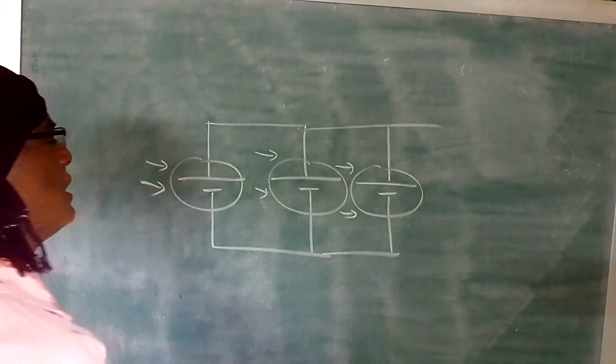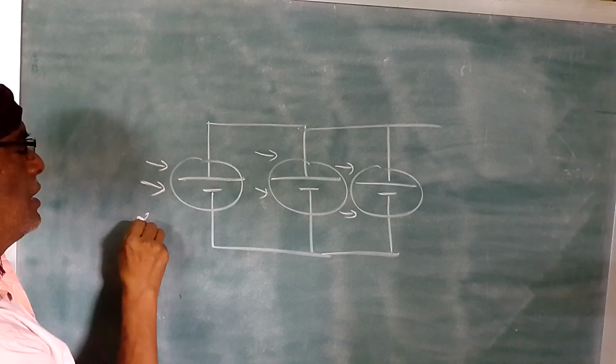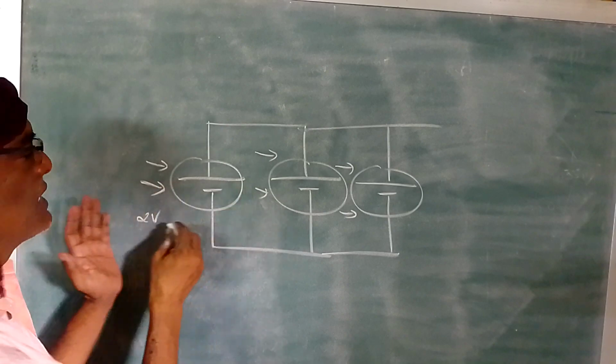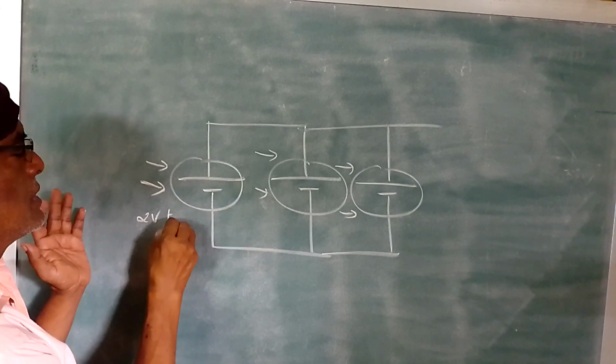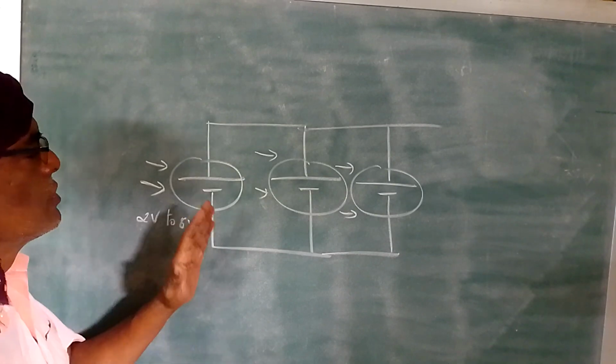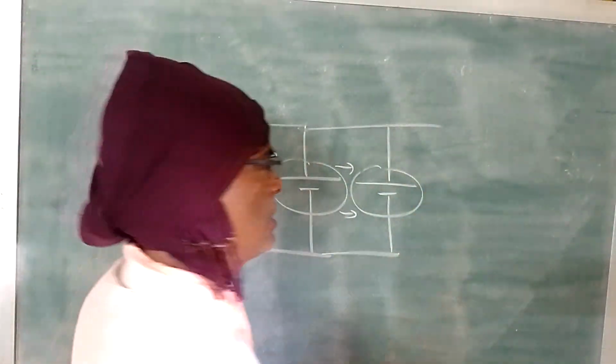So all are equally illuminated, and you assume that it can give 2 volts, and based on the intensity it can go up to say 5 volts or 6 volts. So 6, 6, 6 in parallel connection, everything is 6 only.